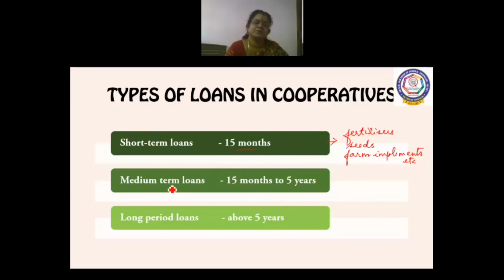Then the medium-term loans. These stretch for about 15 months to 5 years.